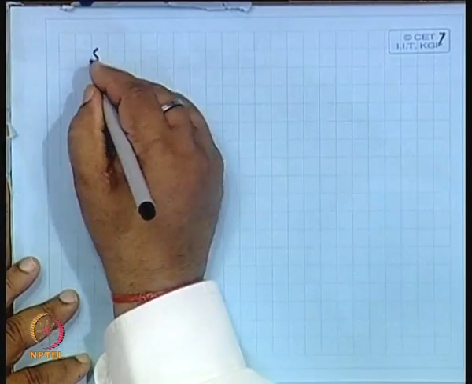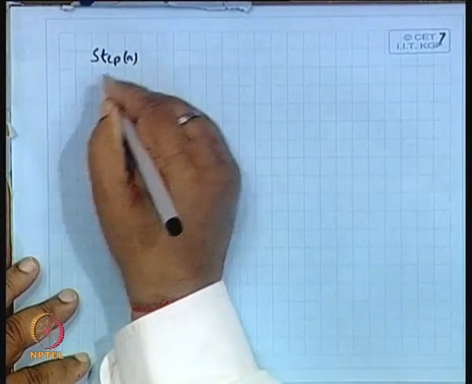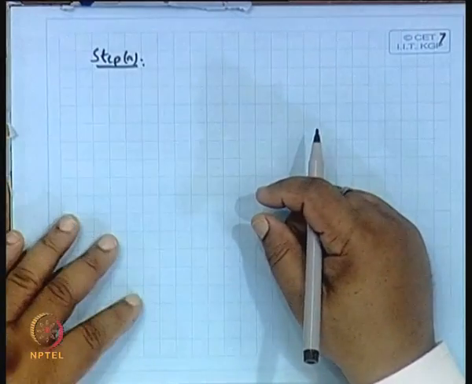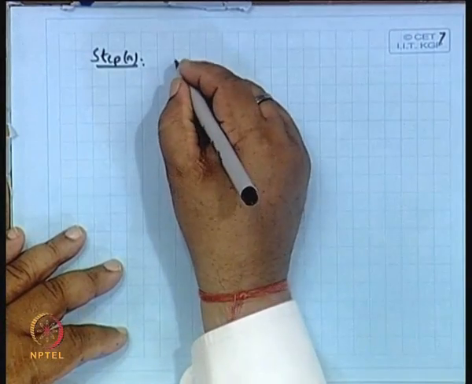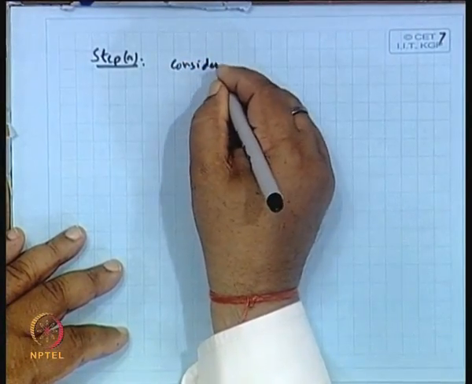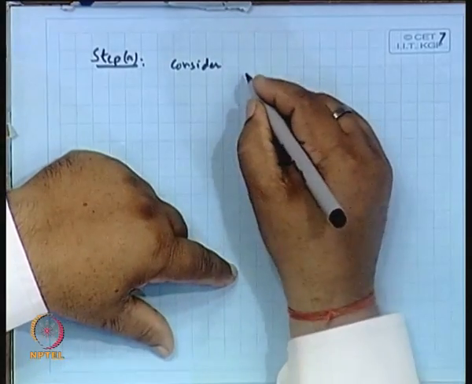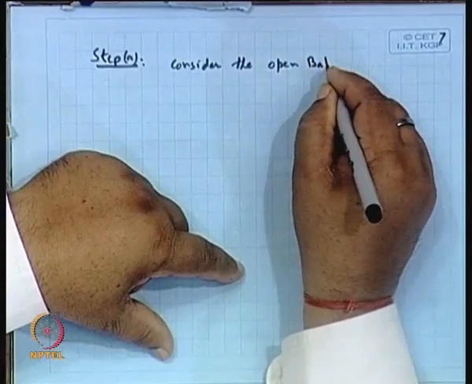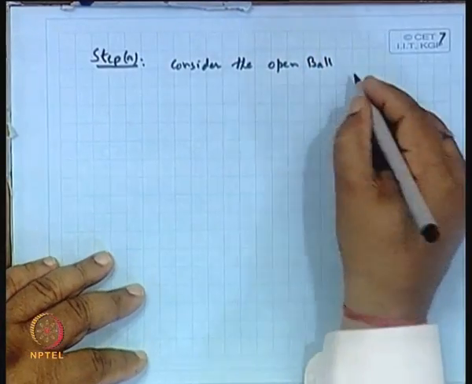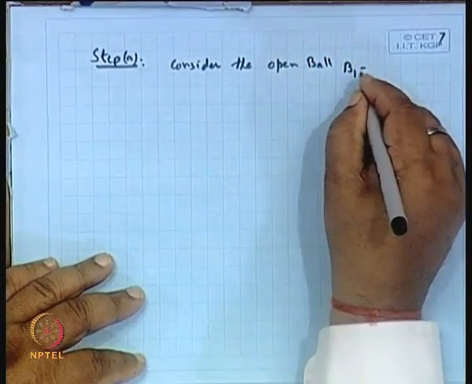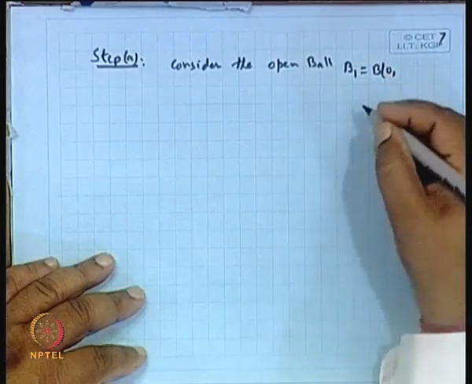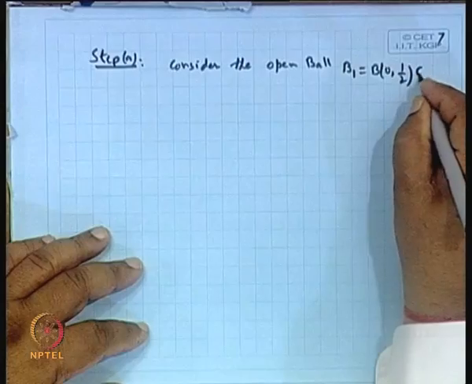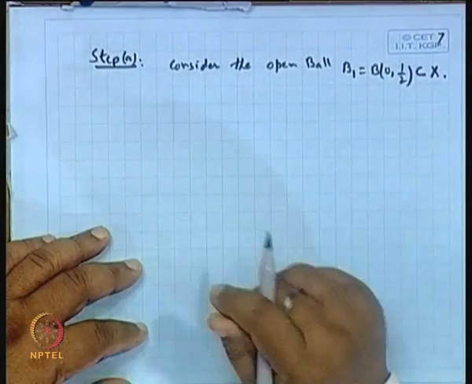So, first the step 1 A. To prove this step A, let us consider the open ball B1 centered at 0 with a radius, say, half, which is contained in X.